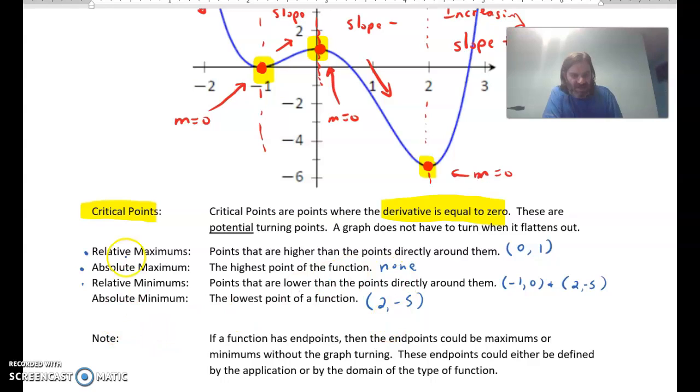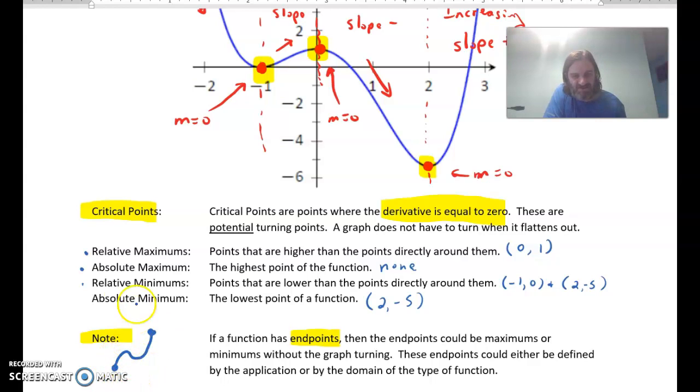Okay. And just another note here from traditional calculus, and it may kind of come into play for us when we define a function. If a function has endpoints, those endpoints could be maximum or minimums. So it could be that if we had a graph, and I'll just draw a little one over here, depending on how the graph is defined, maybe if we make it start at A and end at B, so it doesn't go on forever, those could be the highest or lowest points of the graph.